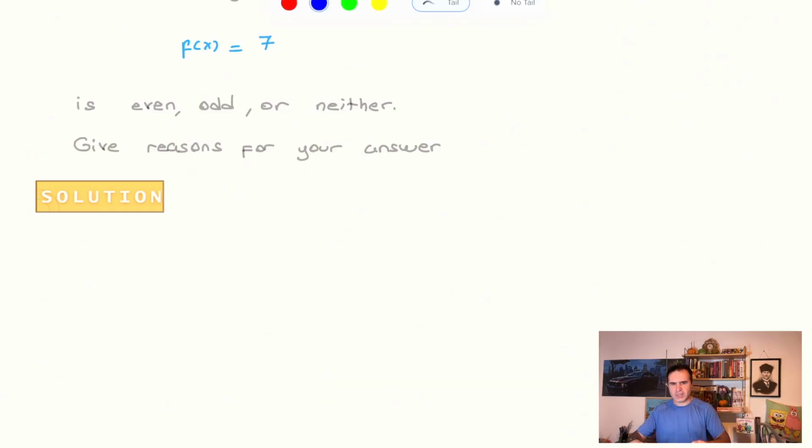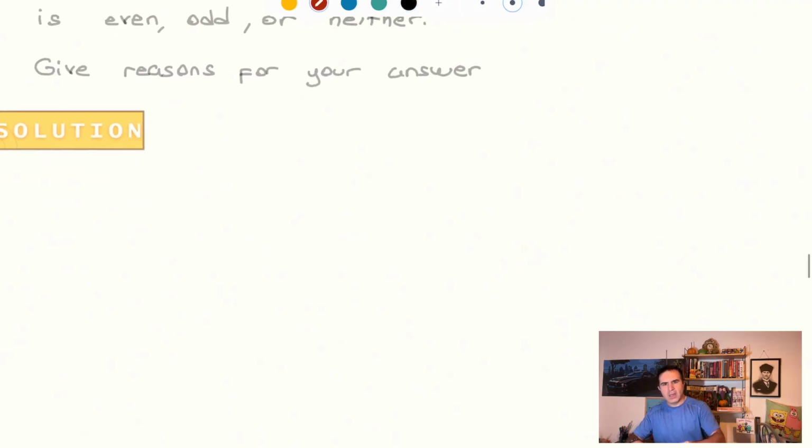For the given function f of x equals 7, f of minus x equals f of x, which equals 7 for all values of x. So, because f of minus x equals f of x, the function is even here.